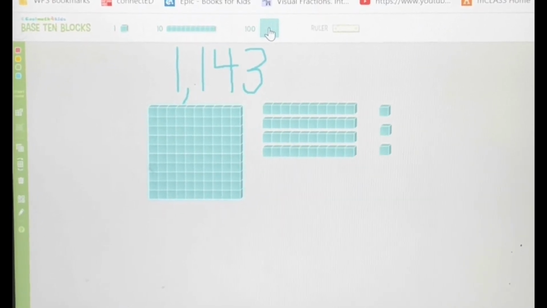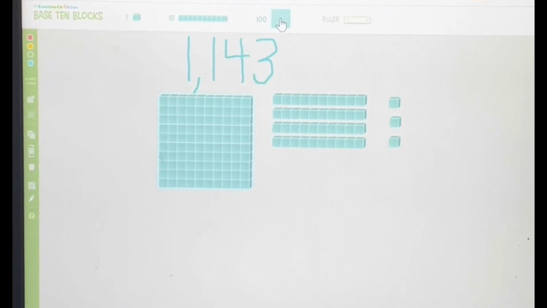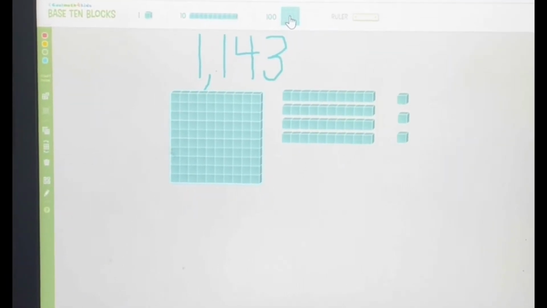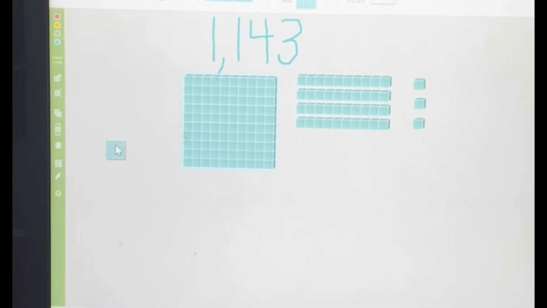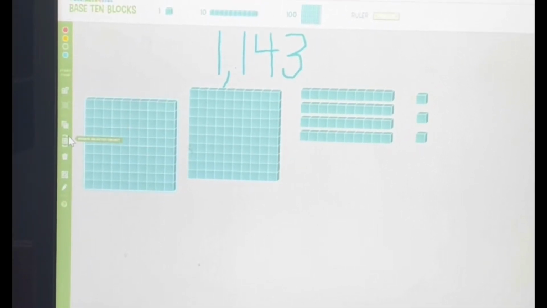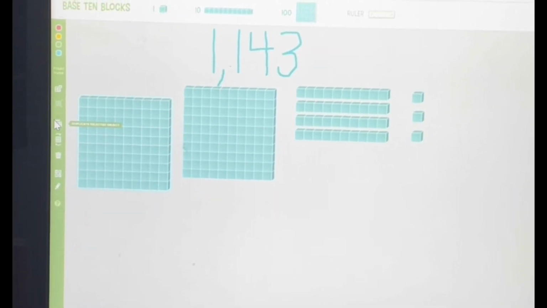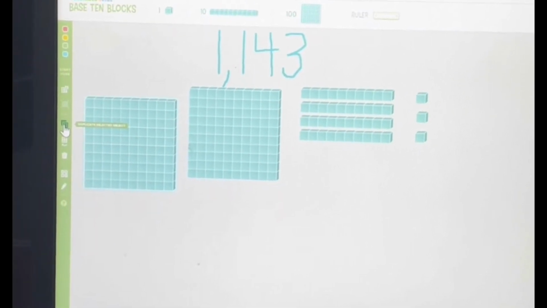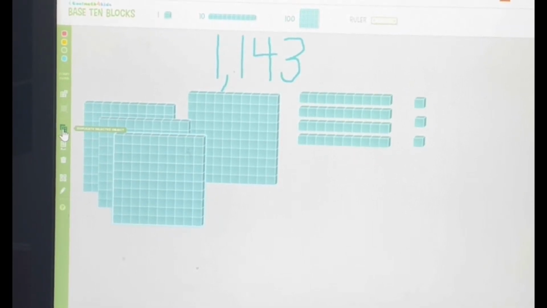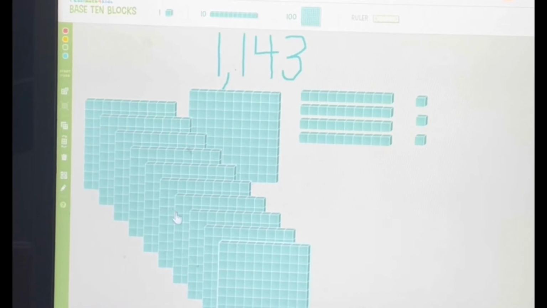Now we don't have a thousands block here, but 10 100s blocks is equal to 1 1000 block. So what I'm going to do is take 10 of the 100 blocks, put them together, and group them into one big block. 100, 200, 300, 400, 500, 600, 700, 800, 900, 1,000.